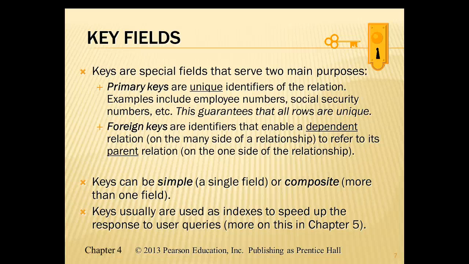For instance, you could use a social security number, though of course that's not used anymore for this type of purpose for security reasons. The foreign keys are the keys in the related entity that tie back to the original relation, and we'll see that here in just a little bit. Keys can be simple, containing a single field, or composite, which will be multiple attributes.